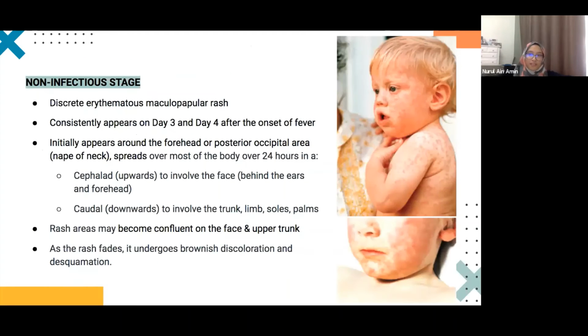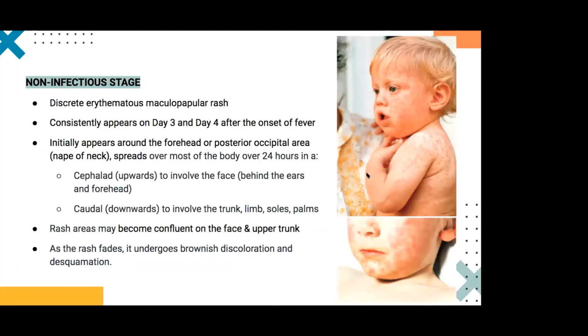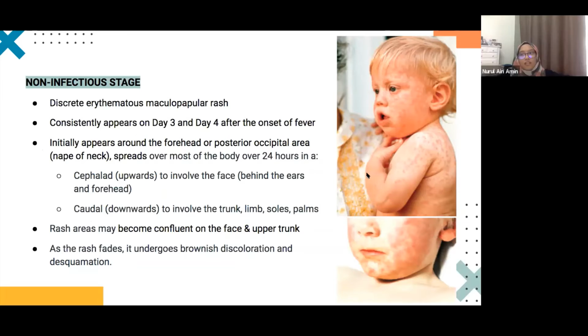Okay, so next is the non-infectious stage. We still have the classic 3 C's, cough, coryza, and conjunctivitis, but we also have a high-grade fever in this stage. This is where we have the discrete erythematous maculopapular rash.